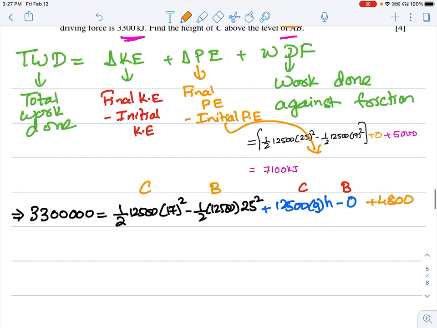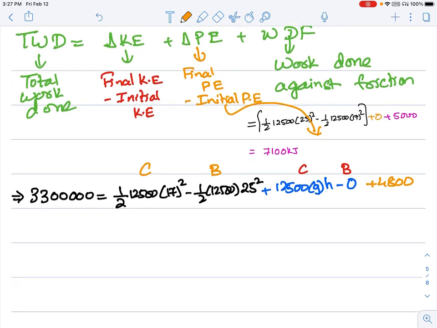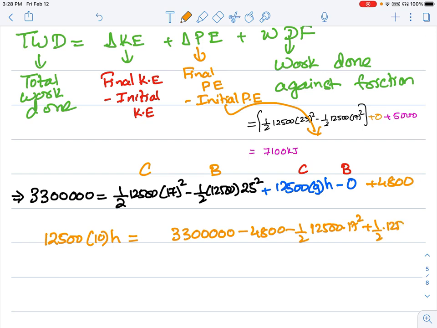Now I have to simplify this and get the value of h. So directly I write 12,500 times g, which is 10, times h is equal to 3,300,000 minus 4,800 minus 1/2 times 12,500 times 17 squared plus 1/2 times 12,500 times 25 squared.